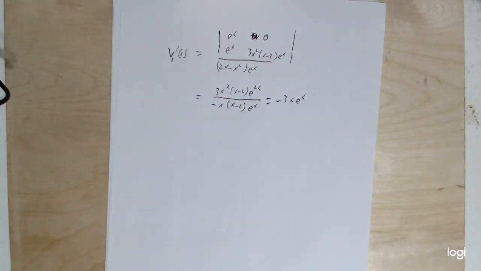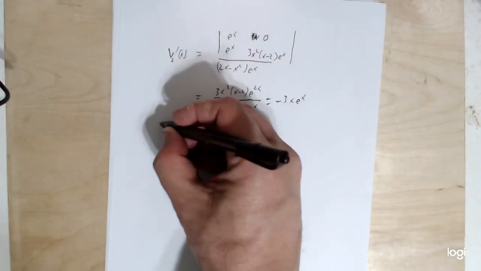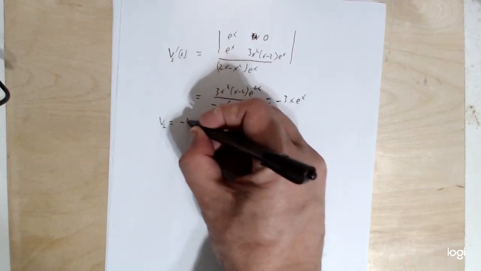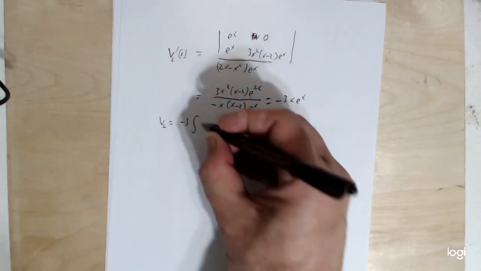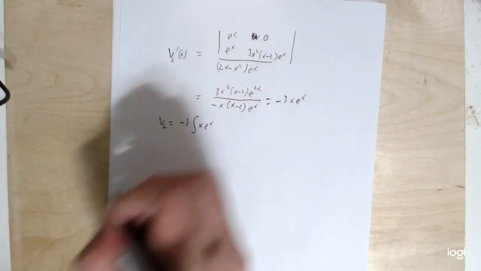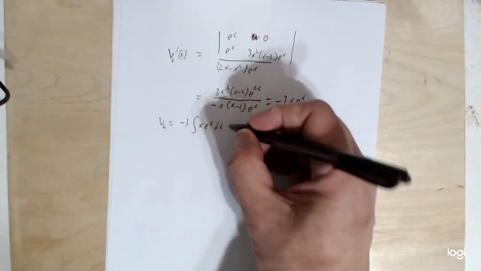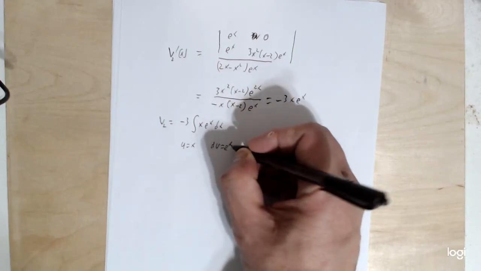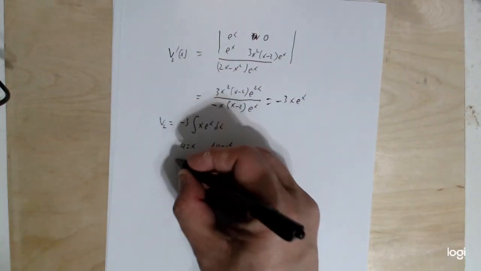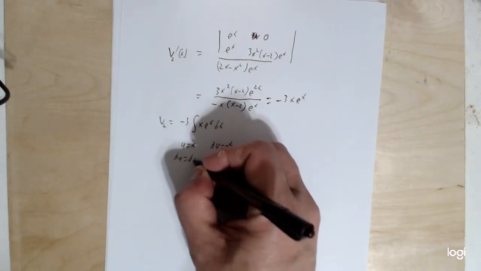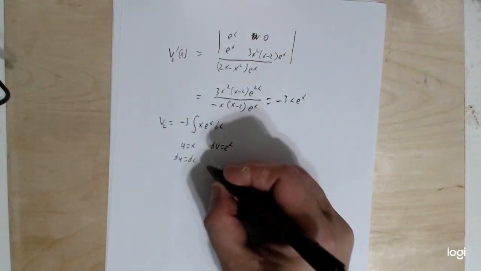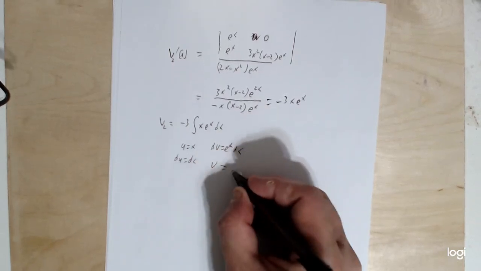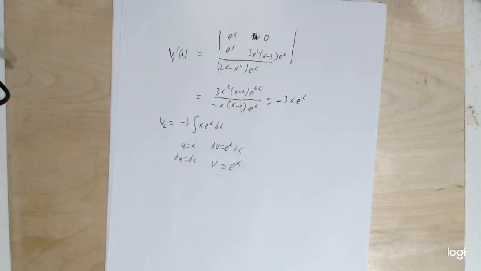And so for v2, we have to integrate this. That's a nice integration by parts problem. So u equals x, dv equals e to the x dx, a nice flashback to calculus 2. du equals dx, and v then is equal to e to the x.